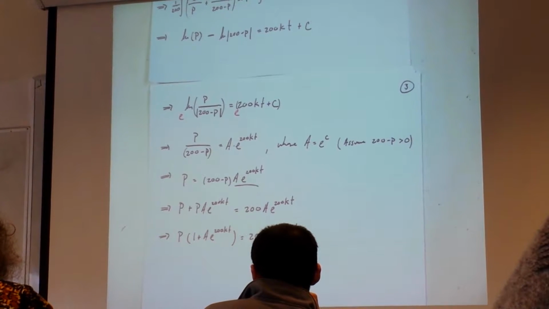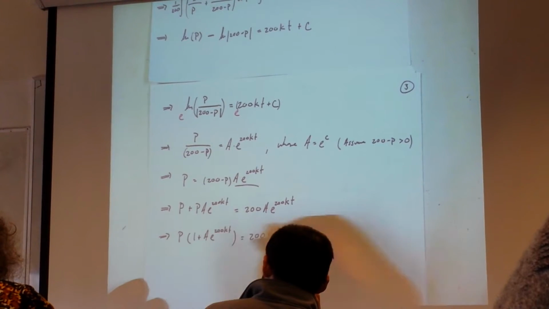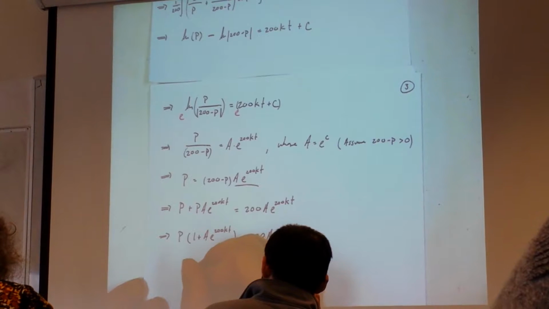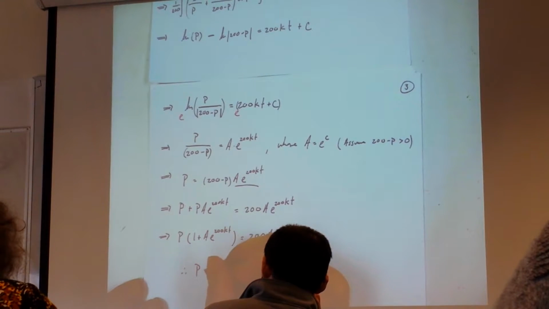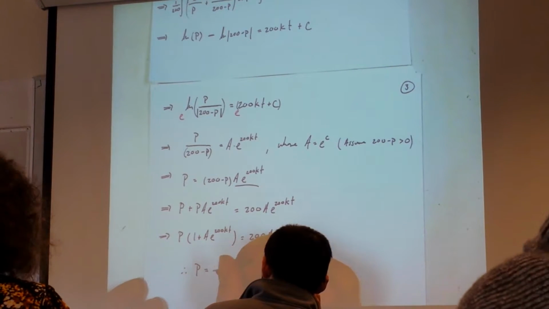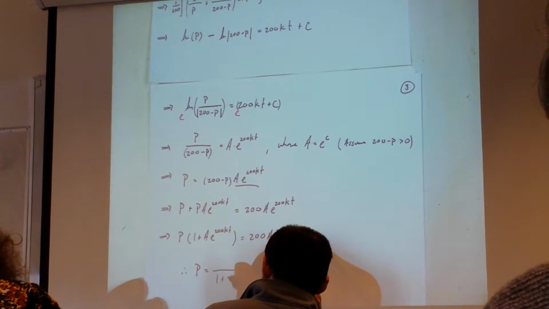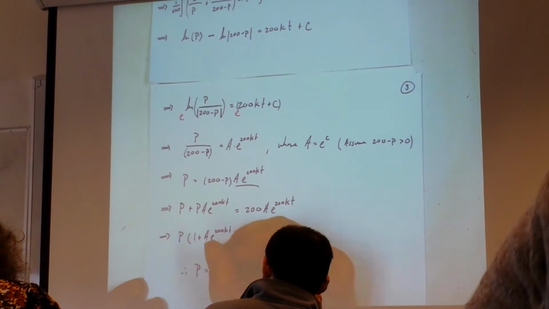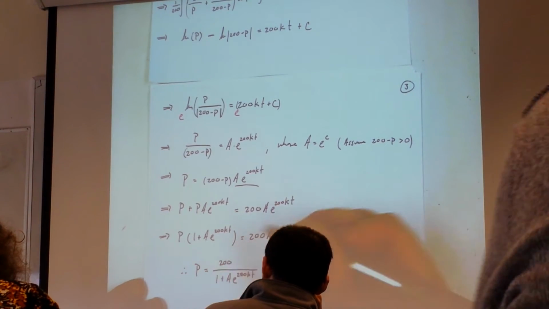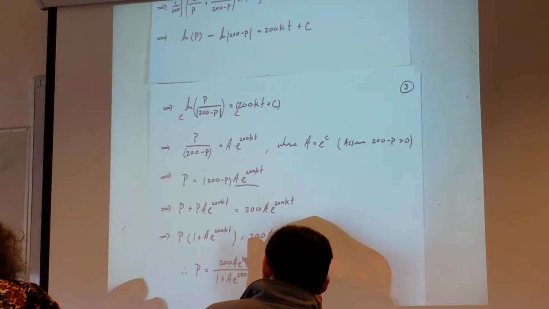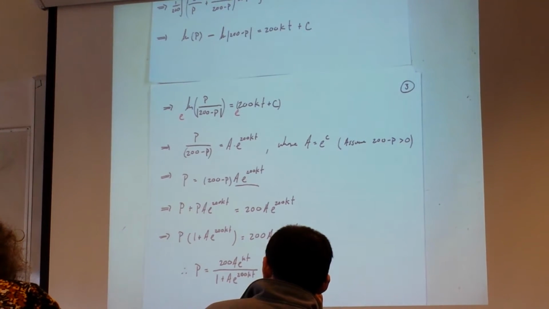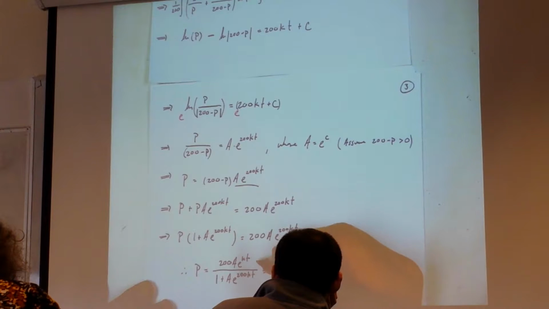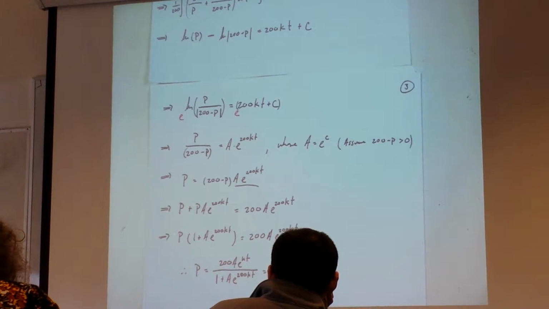And finally, we divide both sides by the 1 plus a e to the 200 kt, and we get p equals 200 a e to the 200 kt in the numerator, and down in the denominator, 1 plus a e to the 200 kt. We're so close. Then it's just cleaning up.